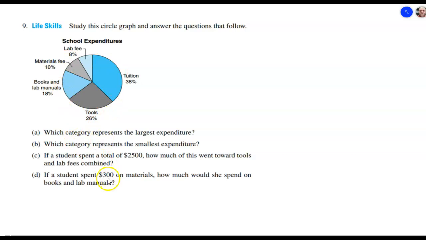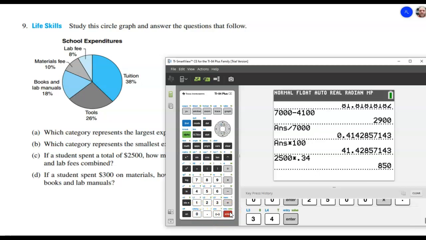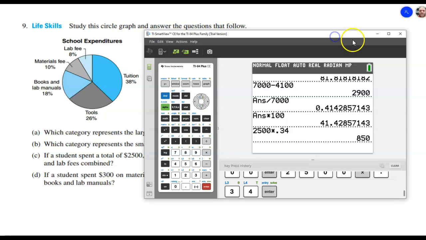So that means you spent 34% of the $2,500 on tools and lab fees. So in order to get that, all we have to do is multiply that $2,500 by the 34%, or 0.34. And so about $850 went towards those two expenditures there. That's how you do that one.